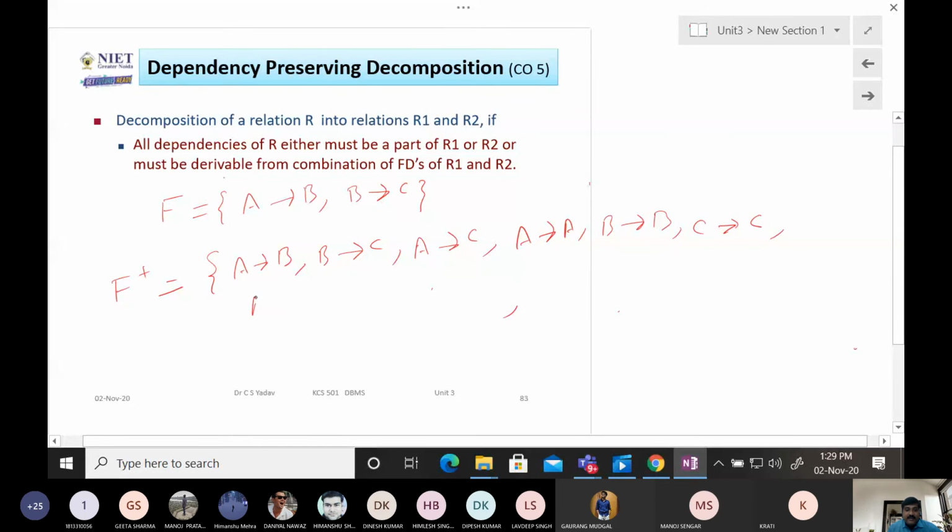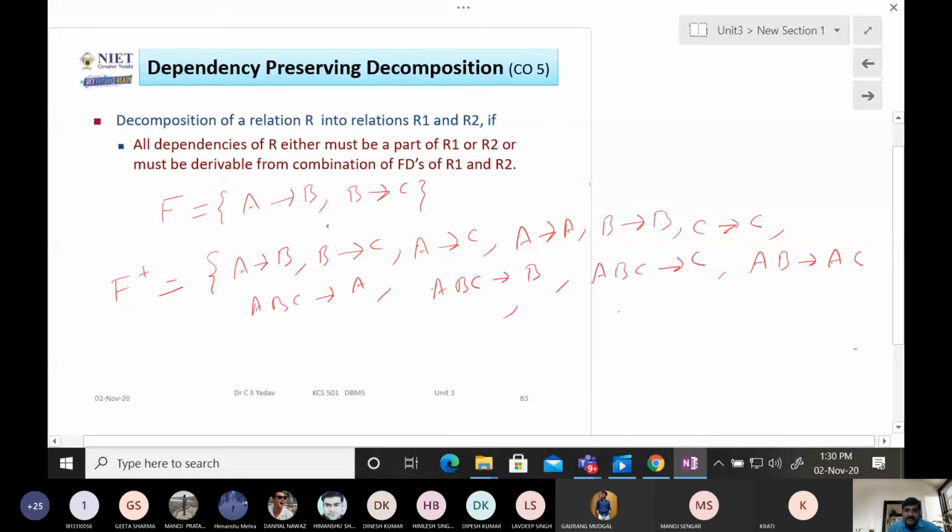Then ABC determines A, all are trivial FDs but in the closure. Then ABC determines C. Then through augmentation AB determines AC.